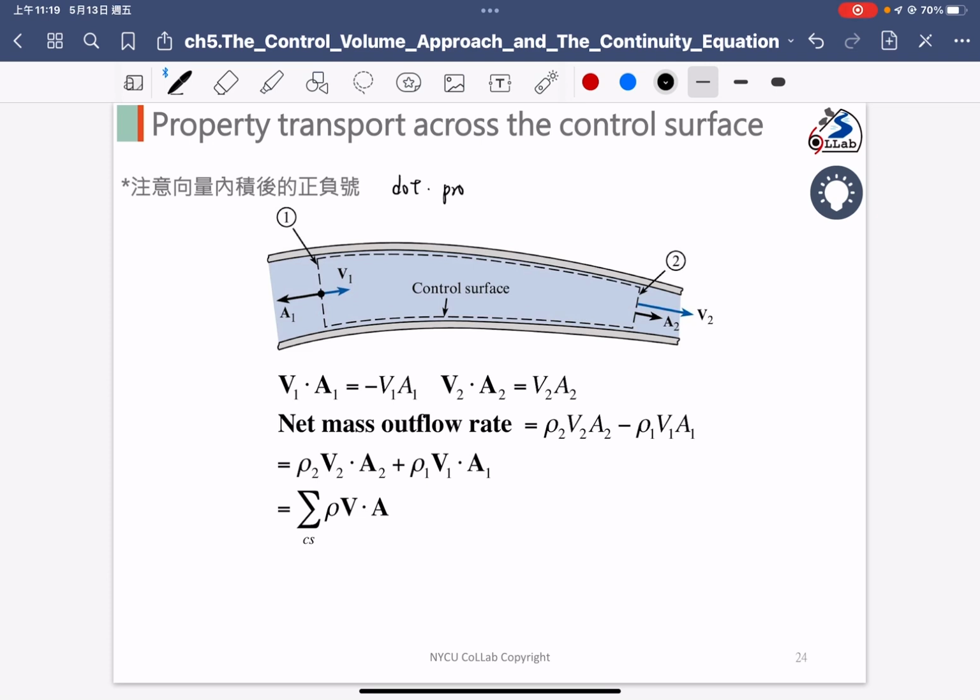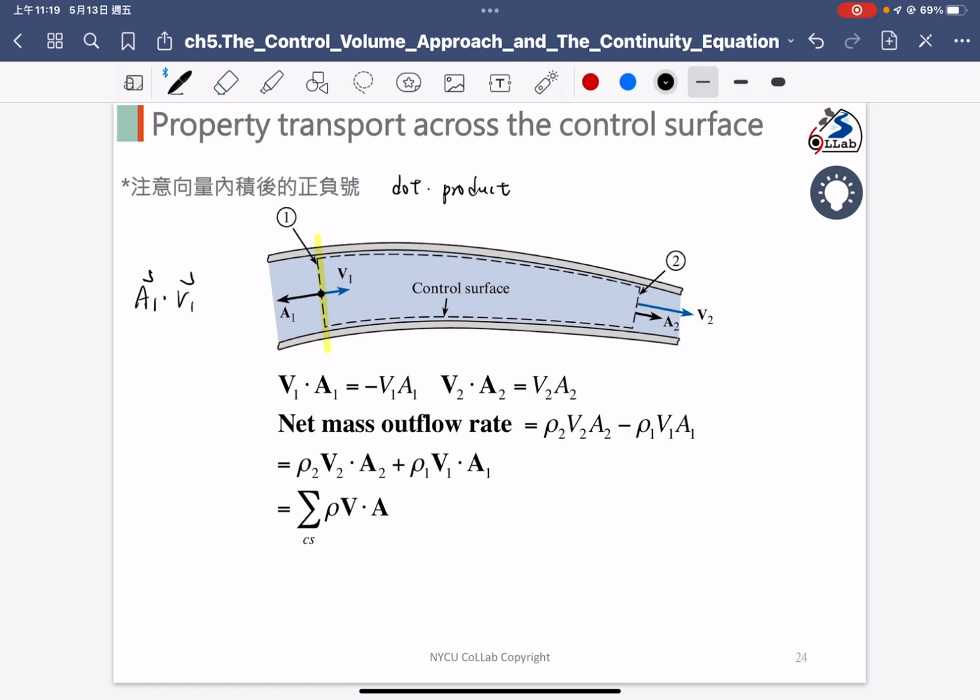Another concept is based on the dot product. If we use the dot product idea, for cross-section 1 here, we multiply the A1 vector dot the V1 vector.